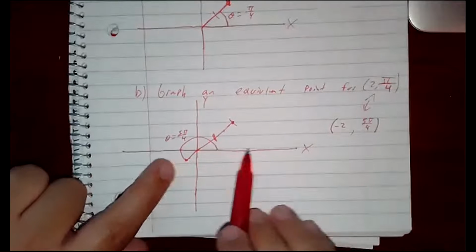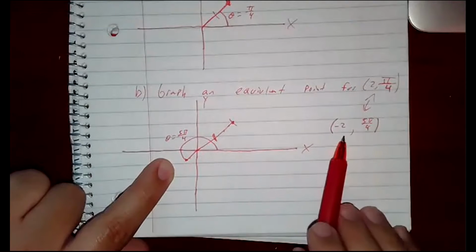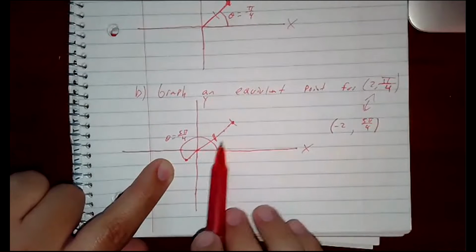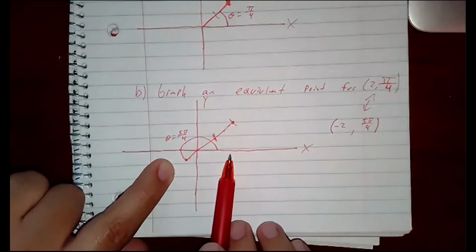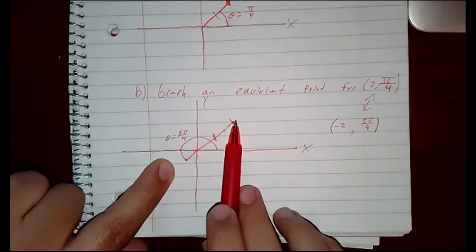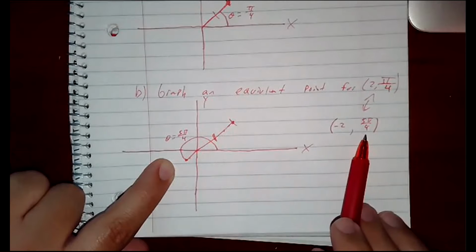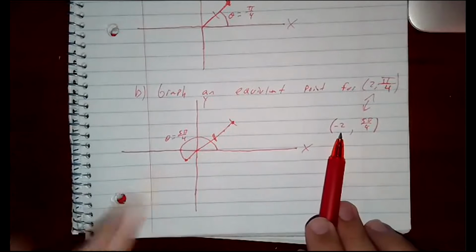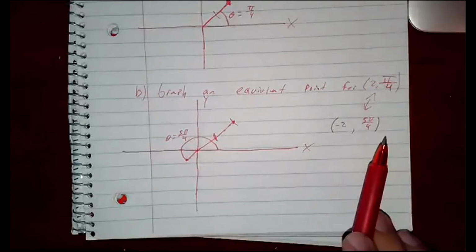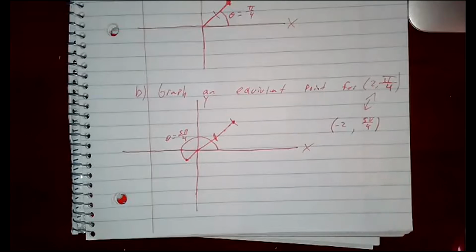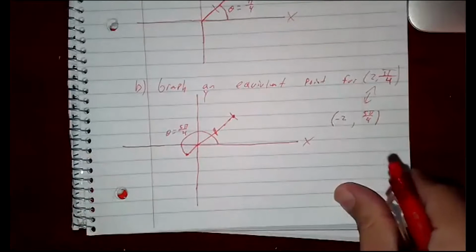The reason I chose this point is I was thinking, if I'm on the opposite side and go negative, that is the same as starting here and going out 2. So always start with the angle and then go in this direction. Okay.